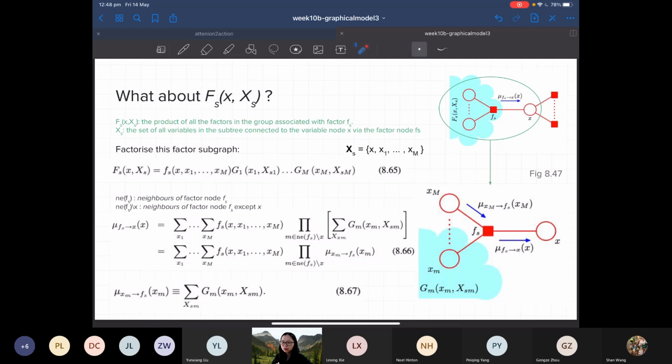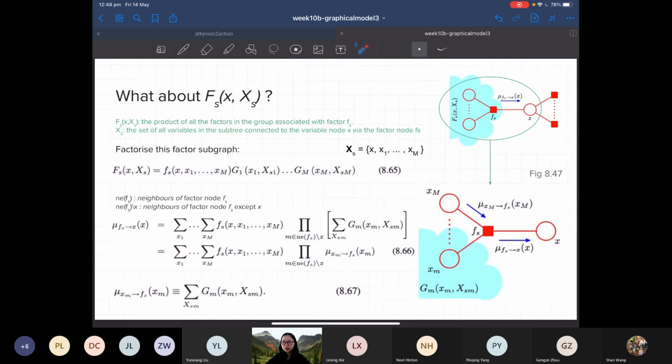Okay, to revisit, you may say that you have just done this in a recursive fashion. There are mu messages from factors to nodes, and then messages from nodes to factors. Where is the real work done? You will say.